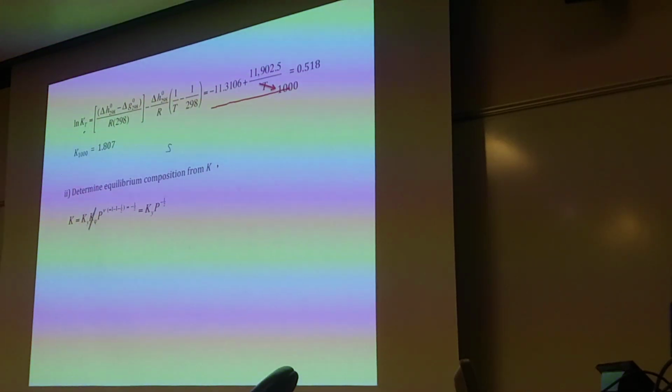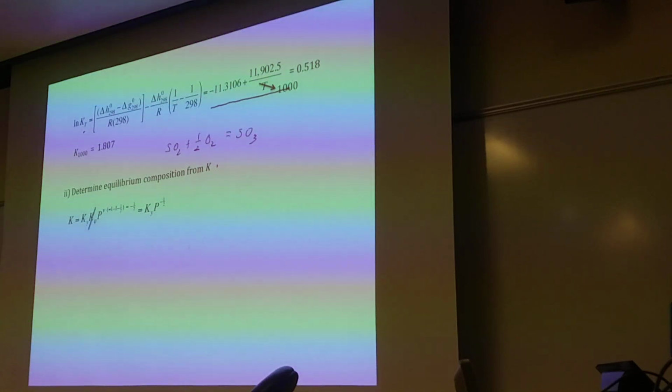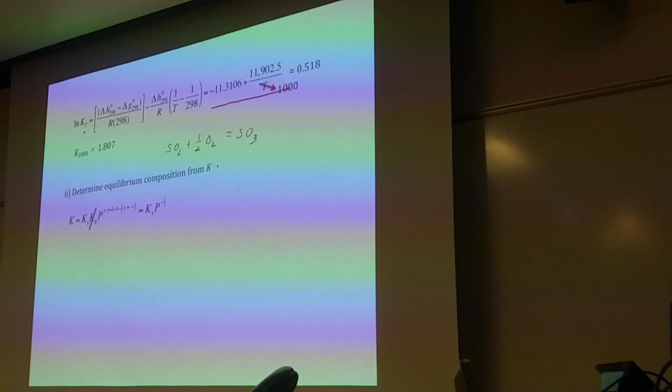Remember, our reaction is written so you can see what those stoichiometric coefficients are. So the exponent nu here is minus 1/2. Now if we assume an ideal gas situation, which we've been told to do, then we can just set K phi equal to 1, and our expression reduces to K y times pressure to the minus 1/2.